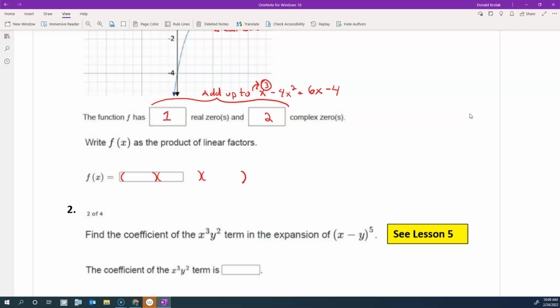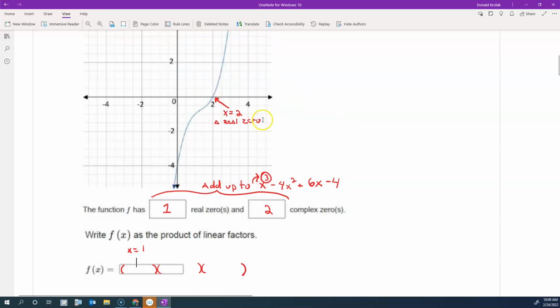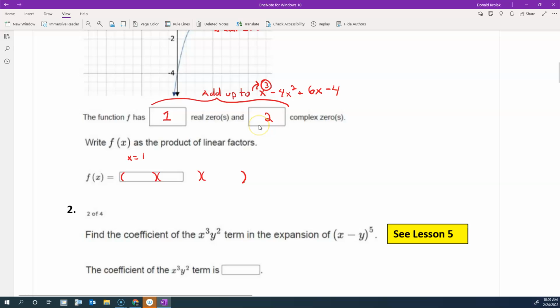All right, so we already know that 1 is a zero. So x equals 1 is, or no, not x equals 1. X equals 2 is a zero. So that allows me to write out what factor it would be.